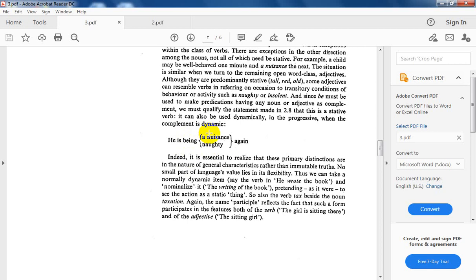And we have more than one test to judge the noun or the adjective to be what. For example, we said not all adjectives are stative. Not all adjectives, most adjectives are what? Stative. We'll say, for example, the adjective tall, the adjective long, short.